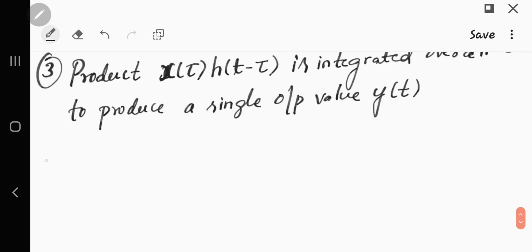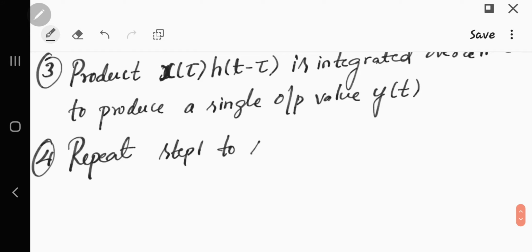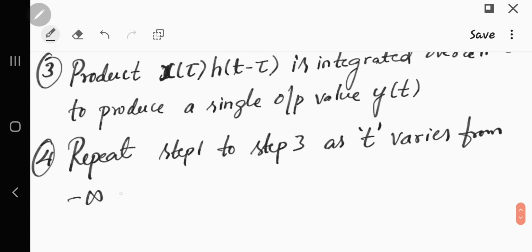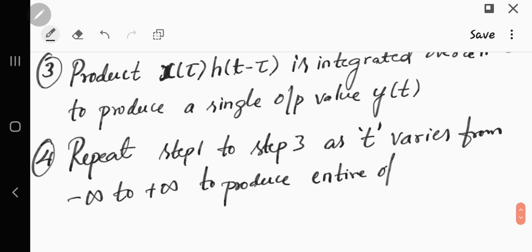So step 4 says repeat step 1 to step 3. Why? Because t varies from minus infinity to plus infinity to produce the entire output y of t.